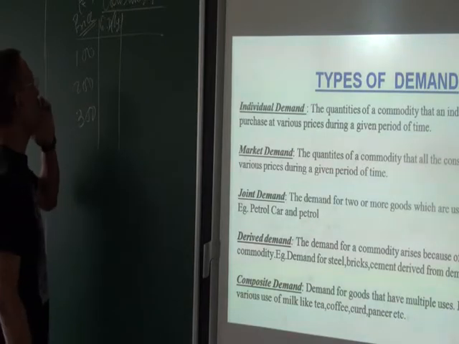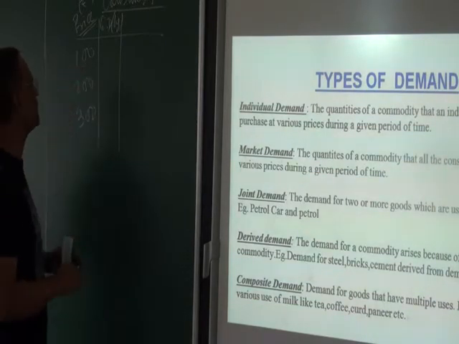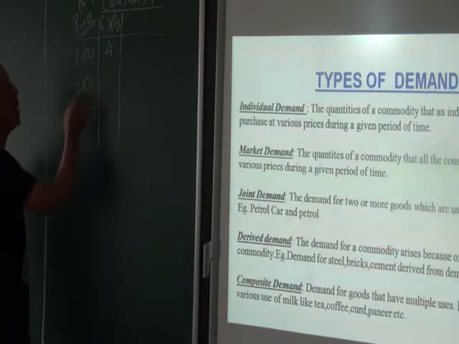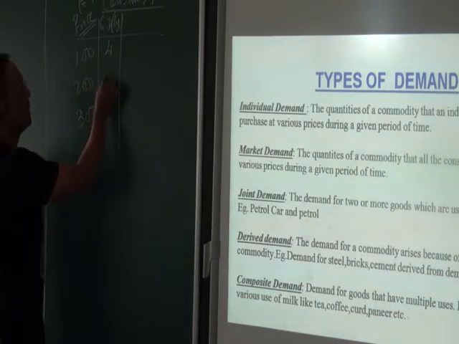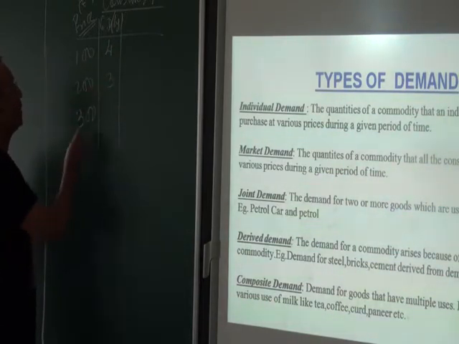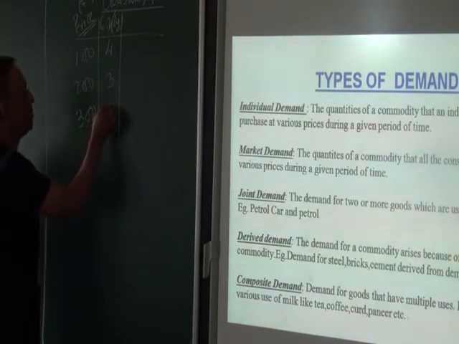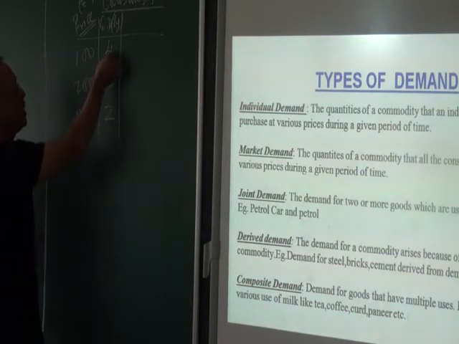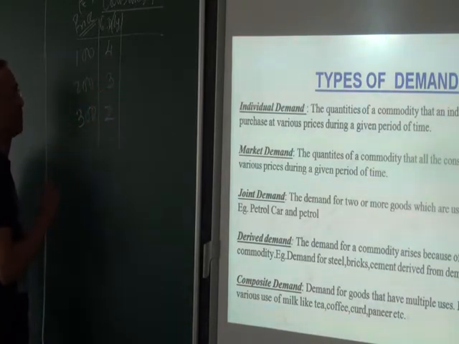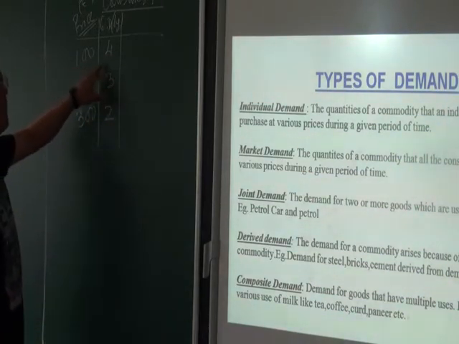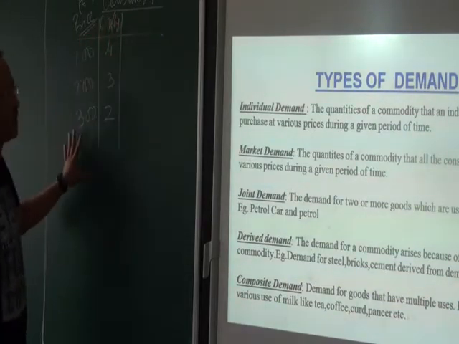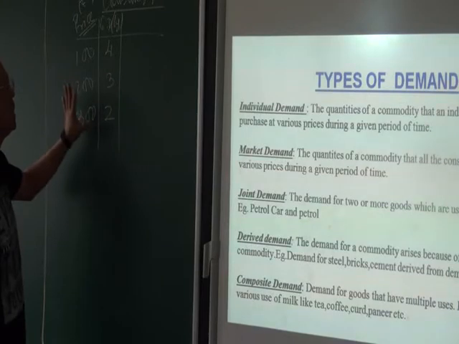So an individual, when the price is 100 rupees, may buy 4 kgs of apple. When the price is 200, he may buy say 3 kgs. When the price of apple is 300, he will buy 2 kgs. Notice that when the price is increasing, the quantity demanded is decreasing. So at different prices, the quantity demanded by a consumer is different. This is an individual demand.